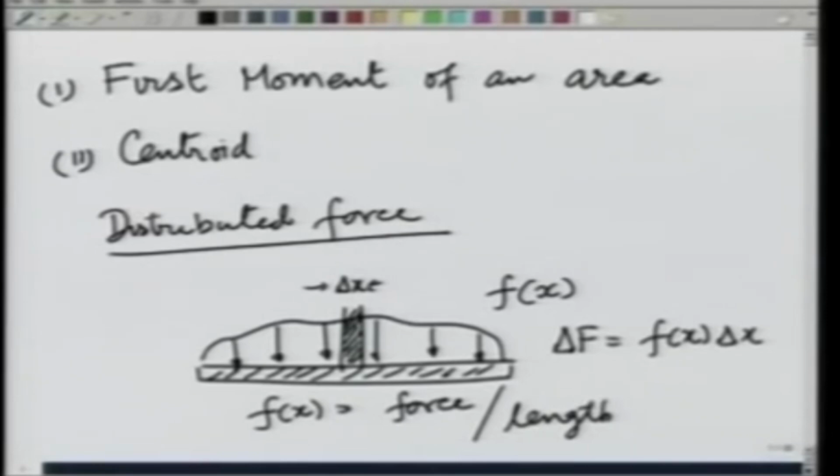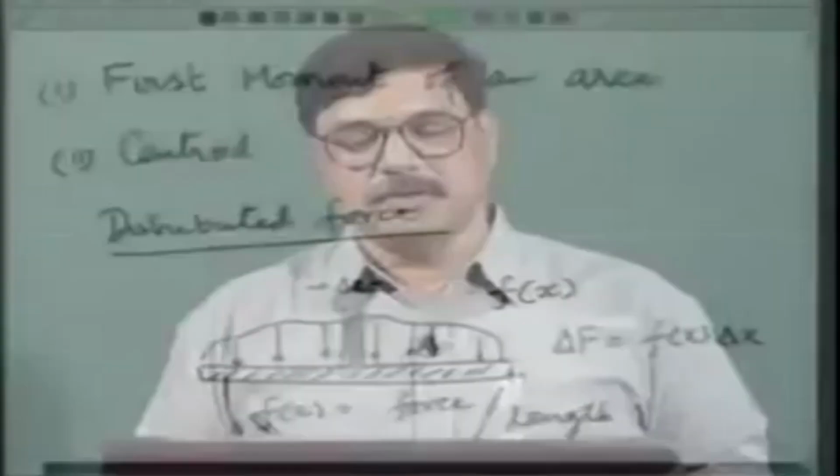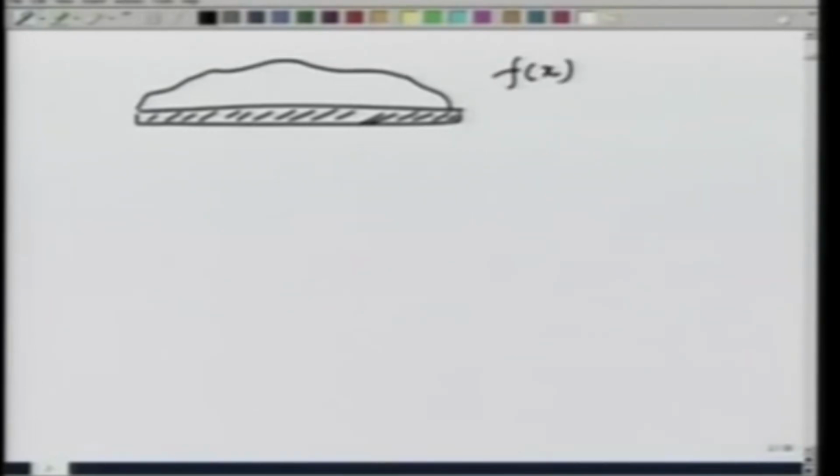It is in dealing with such distributed forces that the concepts developed in the previous lecture are going to be handy. So, the question we ask is, given this distribution of force f x, what is the total force on the system and where effectively is it acting?